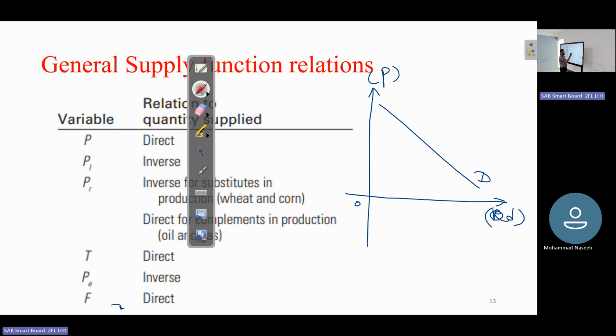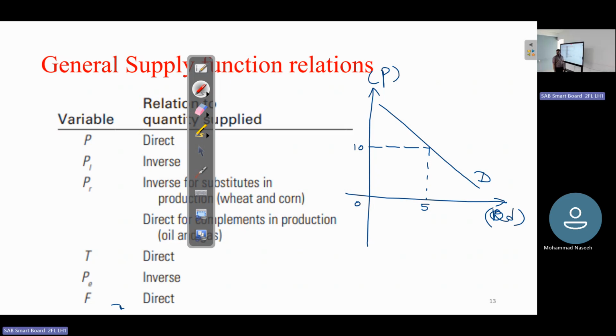Now, assume the price of this product is 10 rupees, and the consumer is purchasing, let's say, 50 units. Assume the price of the product has increased to 20.